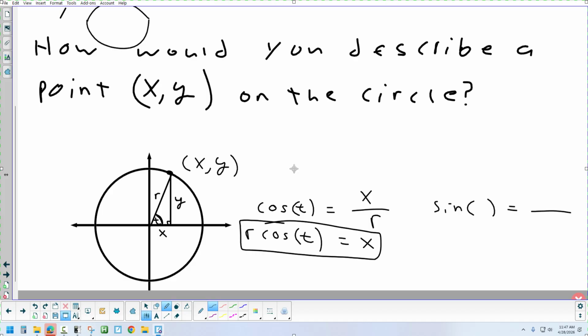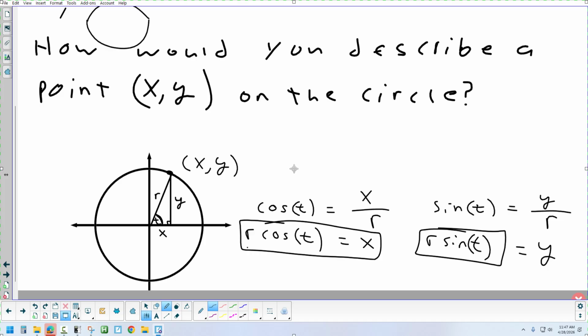Sine t equals y over r. And solving for y? R times sine t. So that's the formula that you have to type in for the y value. So when you want to graph a circle in parametric, those are the two formulas.